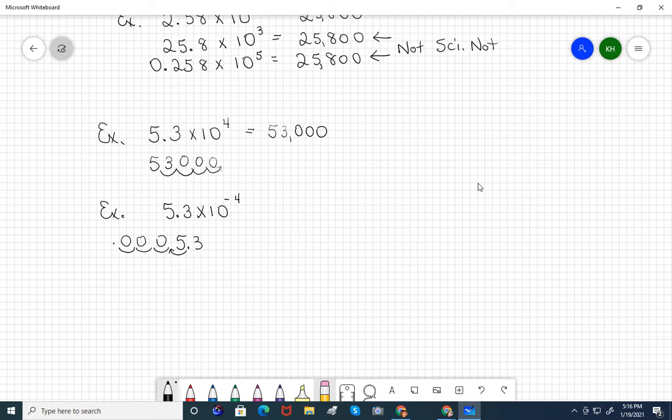That's where the decimal goes. So this would be 0.00053. That's tenths, hundredths, thousandths, ten-thousandths, hundred-thousandths. That is 53 hundred-thousandths.